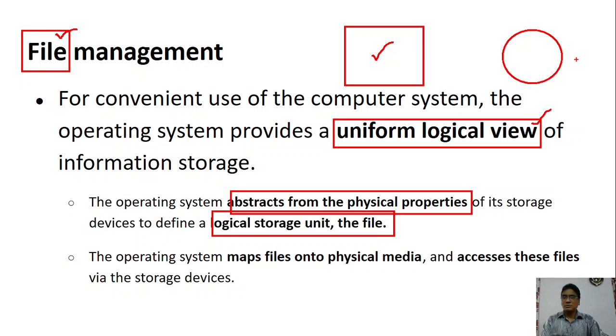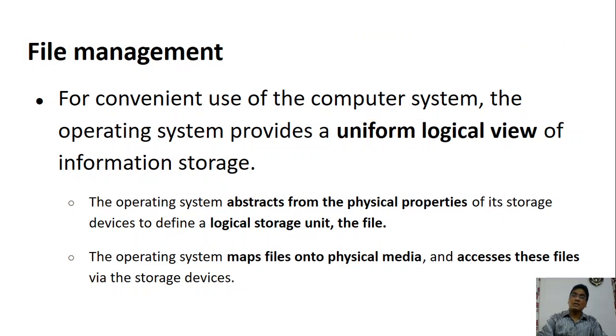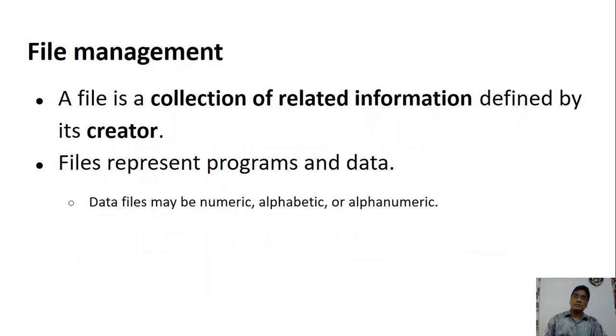If you want to store some information in any device, you tell me where the device is and give a name to that logical component. I'm going to store it and get it back to you. The mapping of these files onto the devices is also taken care of by the operating system.